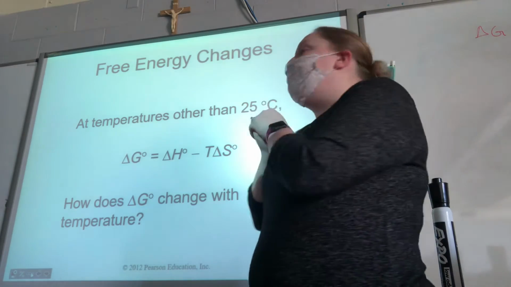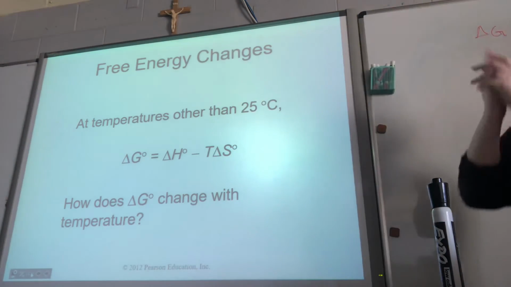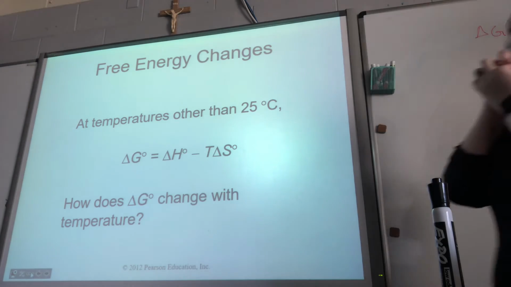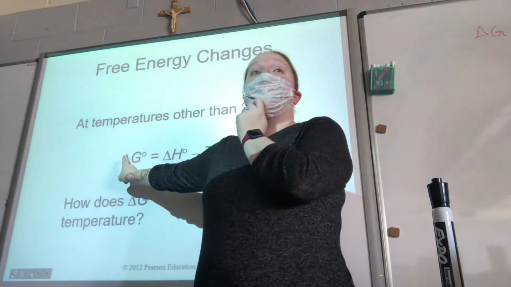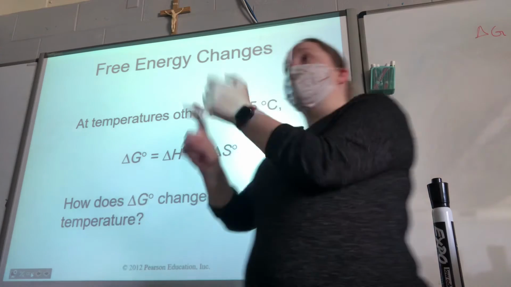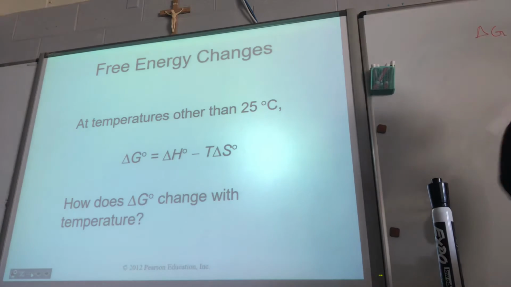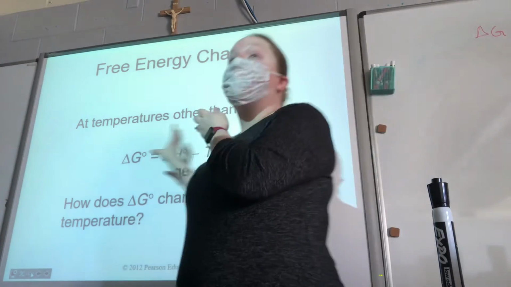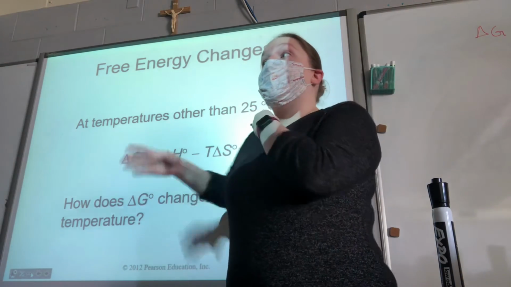So if I say you have a positive delta H and you have a negative delta S, okay, what is going to be the sign of delta G, positive or negative? Positive delta H, negative delta S means what about delta G? It's going to be positive. What does that tell you about the reaction? It's spontaneous in the reverse direction of the way it's written.